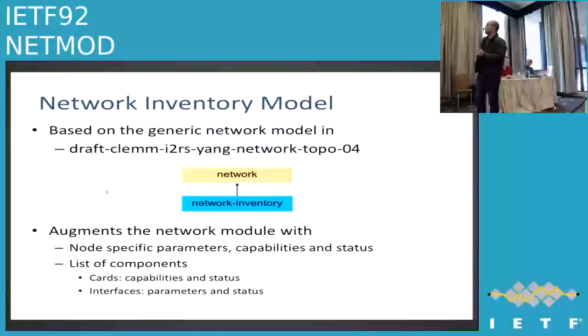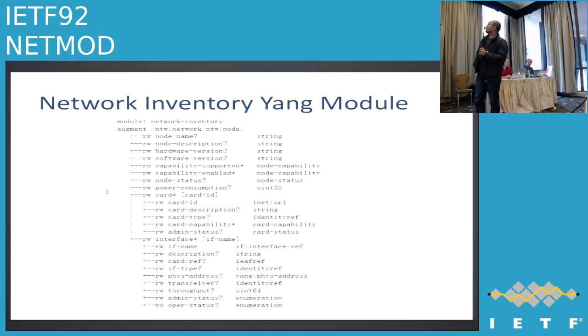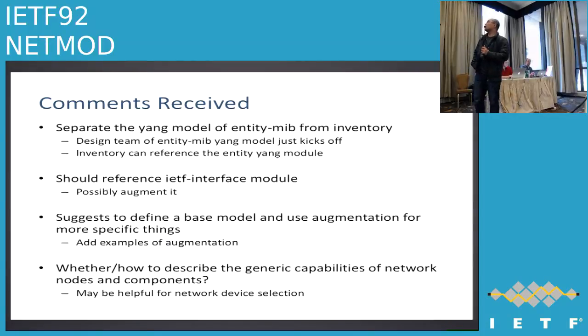Okay, next slide. Okay, this is an overview of this inventory data model. Currently, we augment the network module and the node in the network module, including the node-specific parameters and the versions information and capability information of this node, and also the capability information of the card, and some specific information about the interfaces.